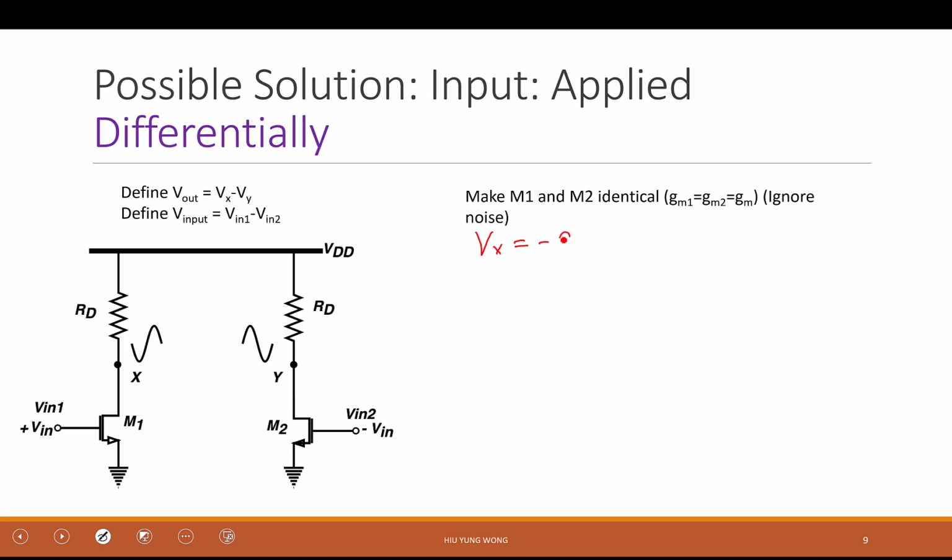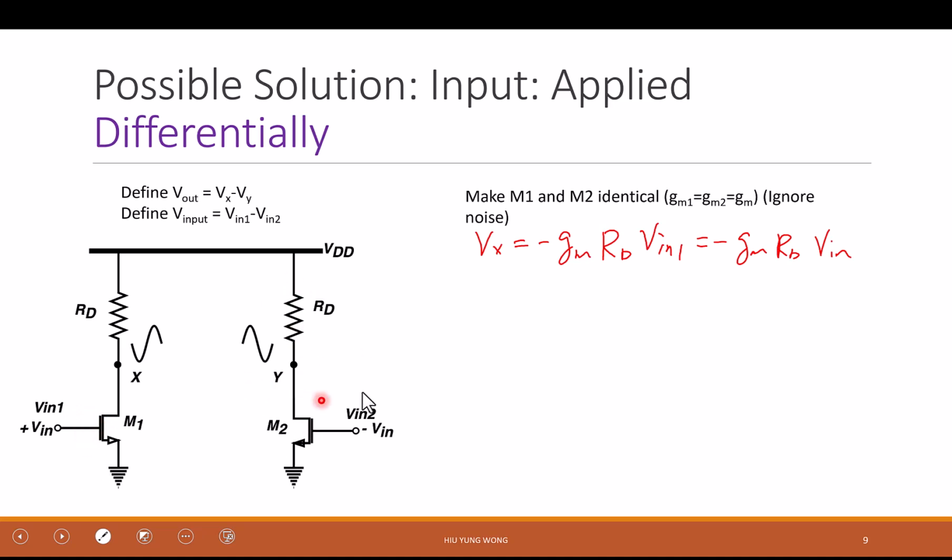Negative Gm Rd times V, maybe I call it V in 1 first. And then you say, yes, this is just V in. This is just a common source amplifier.